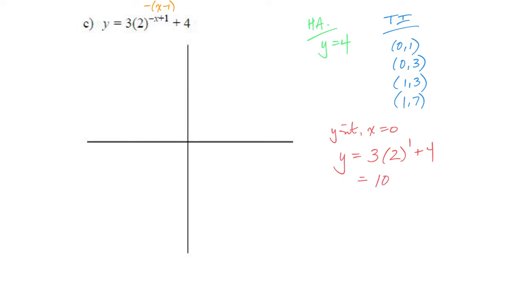Okay, I'm going to plot all my information. On my y-axis, I have to get to a 4, to a 7, to a 10. What that might mean then is when I put on my horizontal asymptote, I'm not going to move that far off the axis.